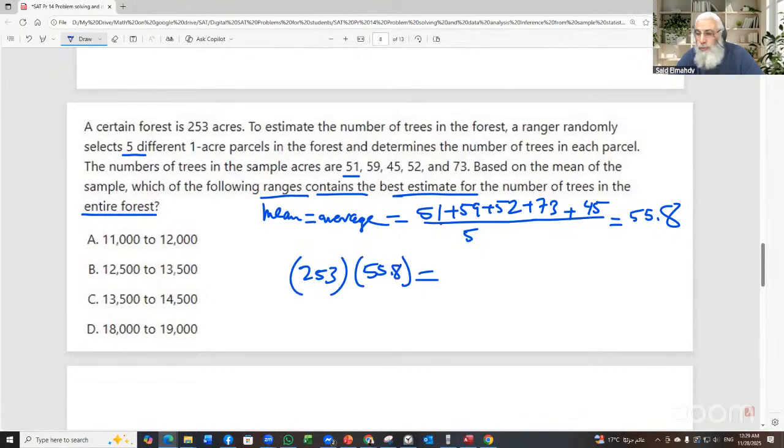And this is approximately 14,117 trees. So this should be 14 here. Between 13,500 and 14,500.